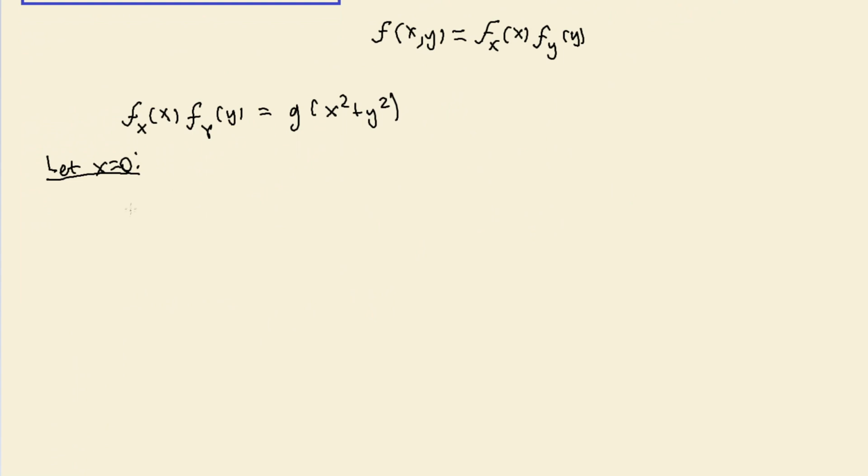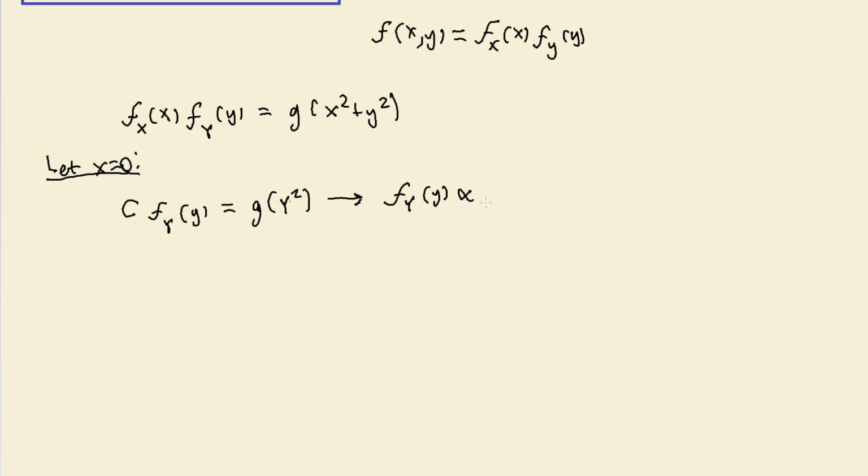And so we're going to get some constant multiplied by the marginal probability density function of y is going to be equal to some function of x squared. Or in other words, the way that we could write this is that the marginal probability density function of y is going to be proportional to, I forgot I'm setting x equal to 0, so this is going to be y squared.